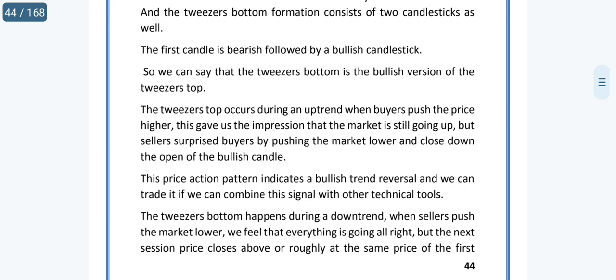The tweezer top occurs during an uptrend when the buyers are pushing the prices higher.